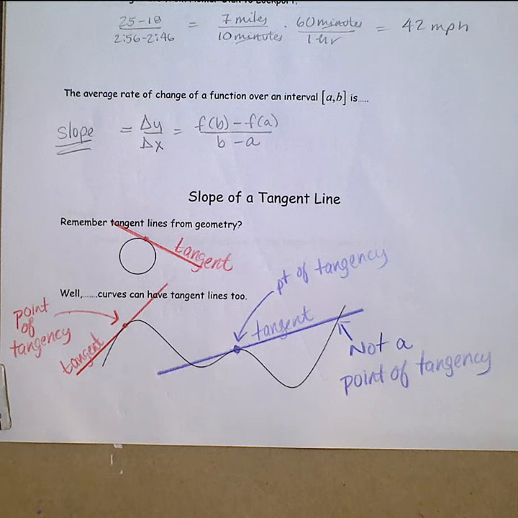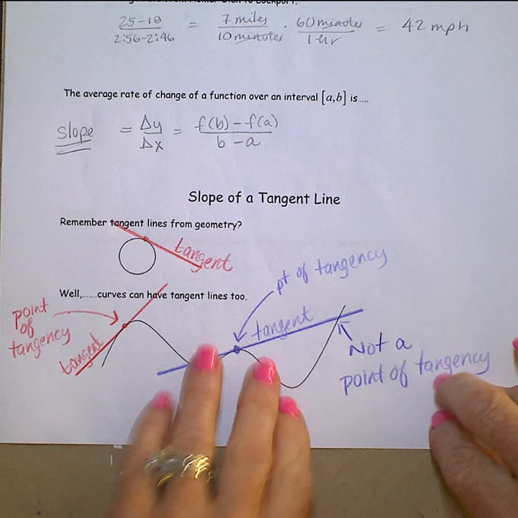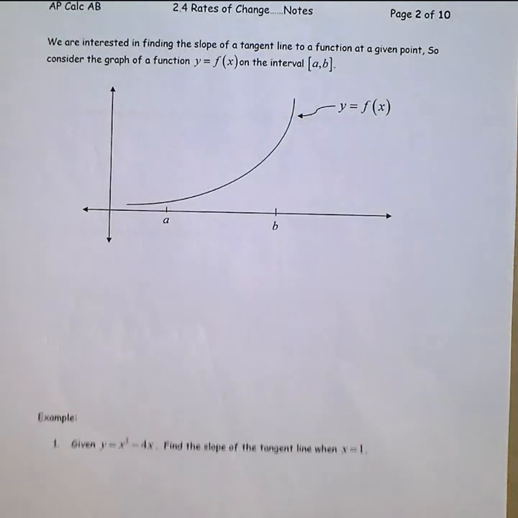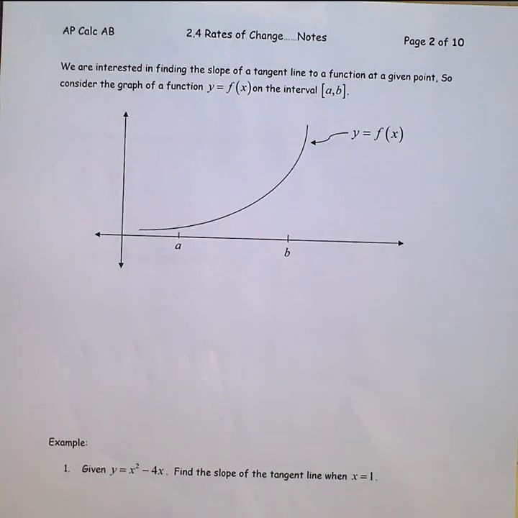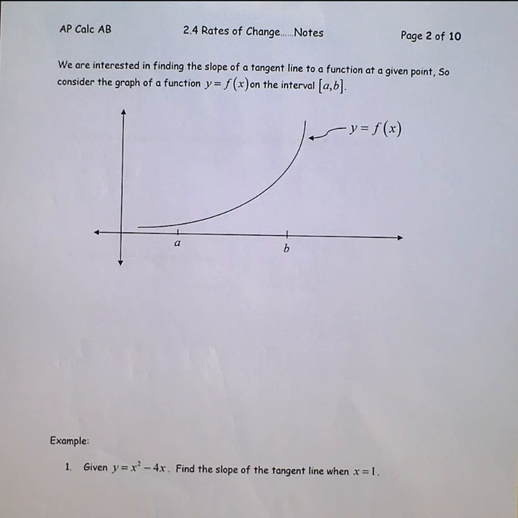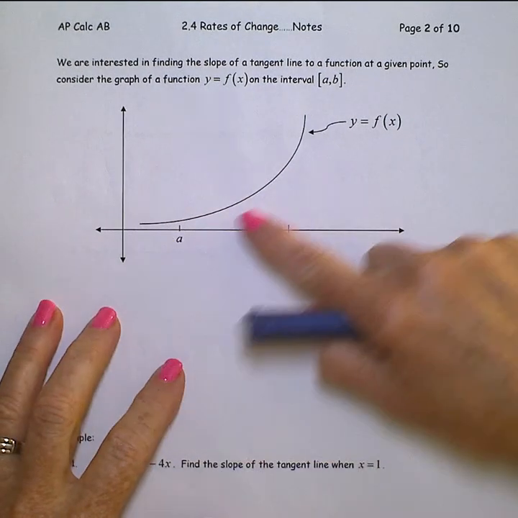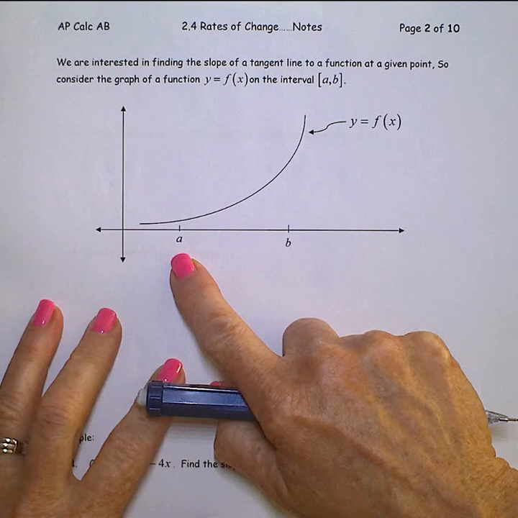Yeah? Okay. We are very, very interested in the tangent lines to a curve. Very interested in finding the slope of these tangent lines to a function at a given point. So we're going to go here, and I want you to consider this function, y equals f of x, on this interval from a to b.